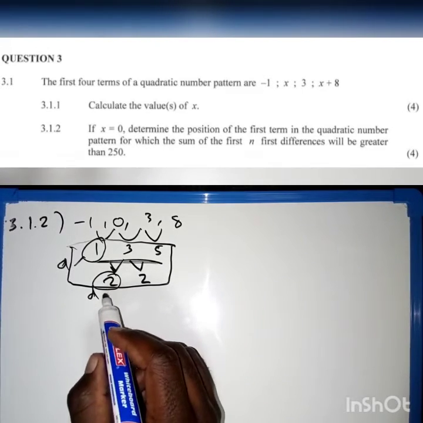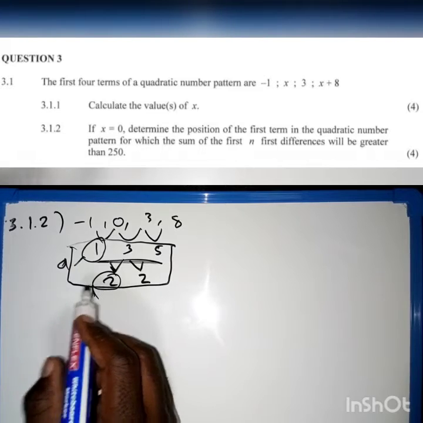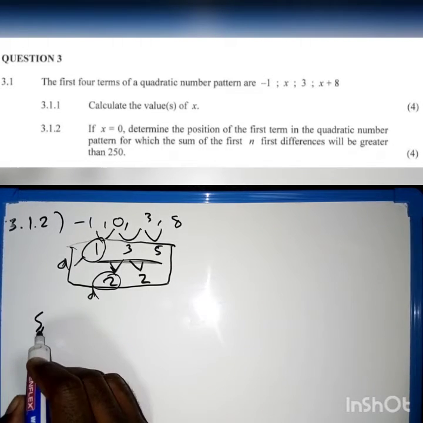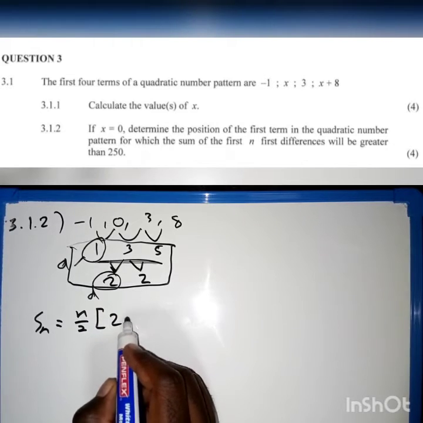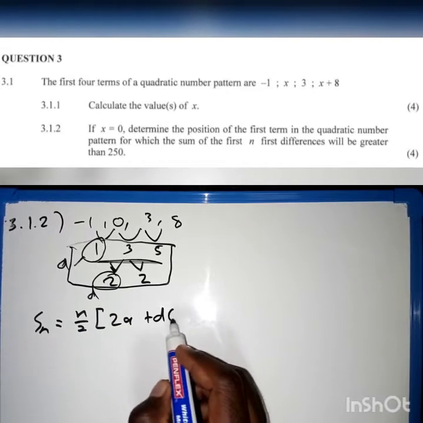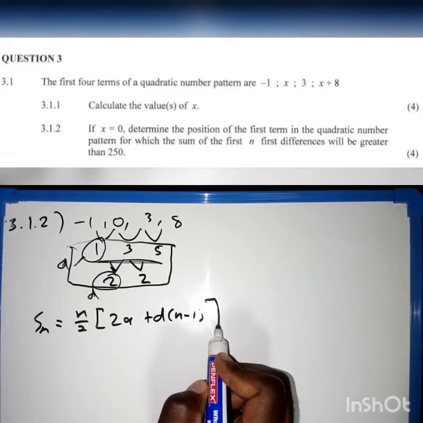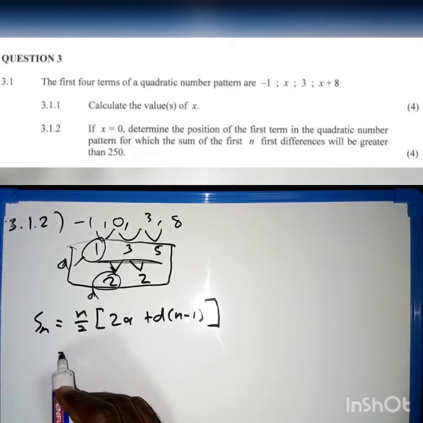So the formula for the sum of this, since it's arithmetic, will be Sn is equal to n over 2 times 2a plus d times n minus 1, right? And then our n, that's what we're looking for.